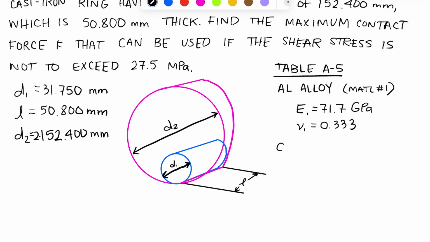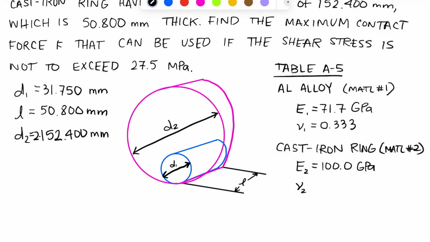Then we also need these constants for the cast iron ring, which is material number 2. Young's modulus of cast iron is 100 gigapascals, and the Poisson's ratio is 0.211.